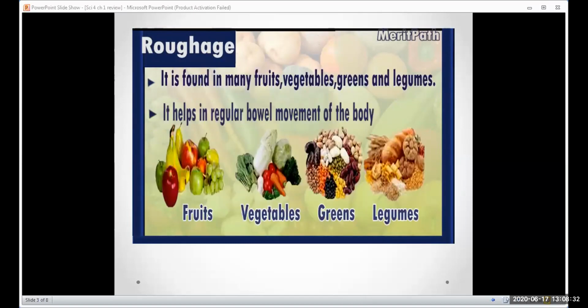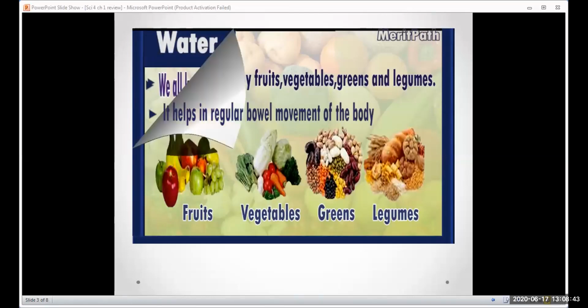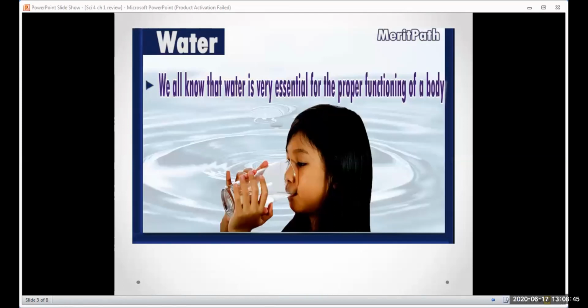It is found in many fruits, vegetables, grains, and legumes. It helps in regular bowel movement of the body. Water. We all know that water is very essential for the functioning of a body.